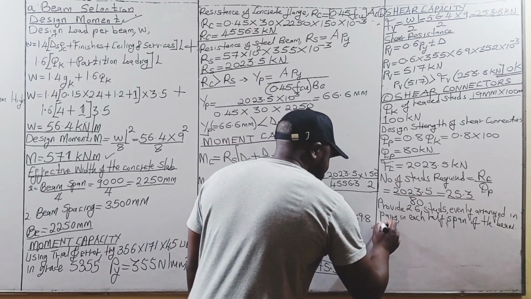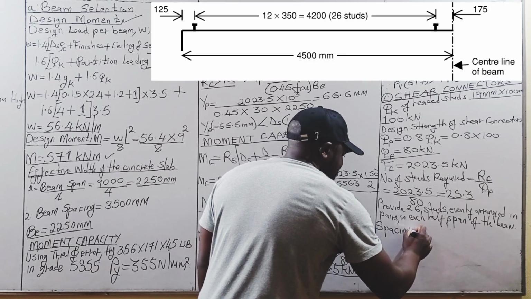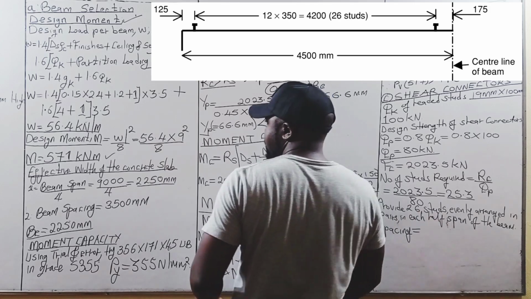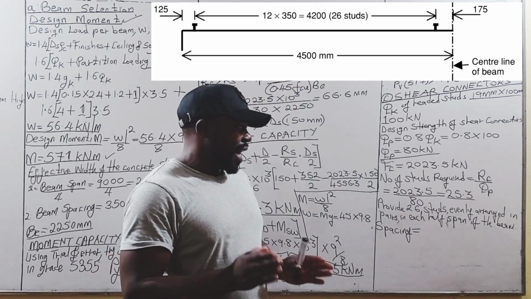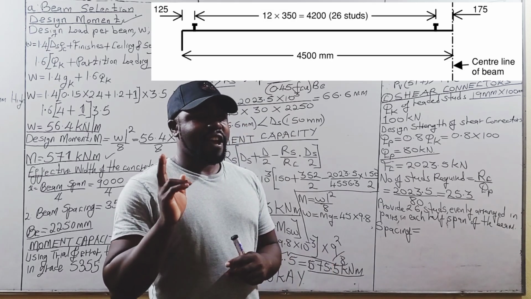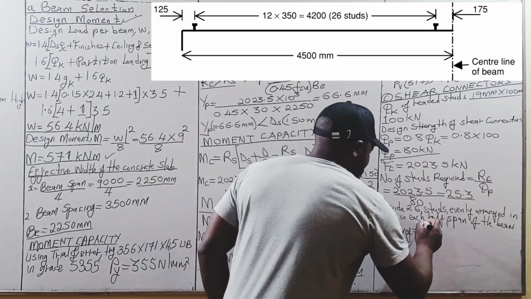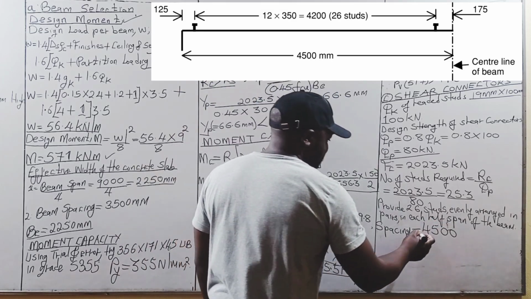Therefore, the spacing of the studs will be given by the half span of the beam. The total span of the beam is 9 meters. Half span of the beam will be 9 divided by 2, which is 4.5 meters. We convert that to millimeters, which is going to give us 4,500 millimeters.